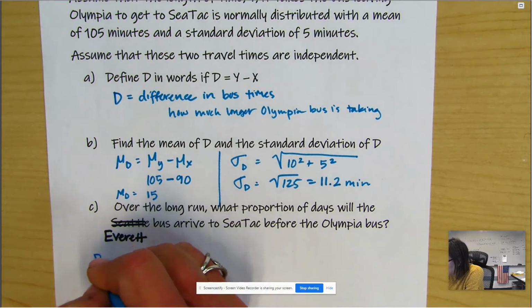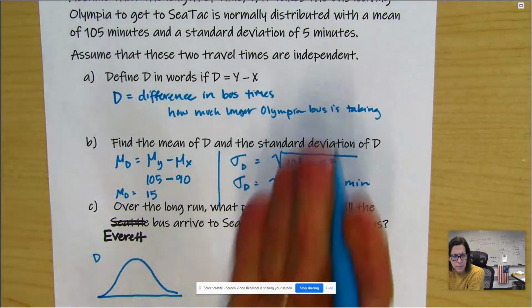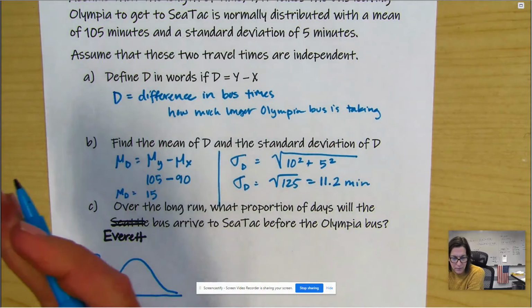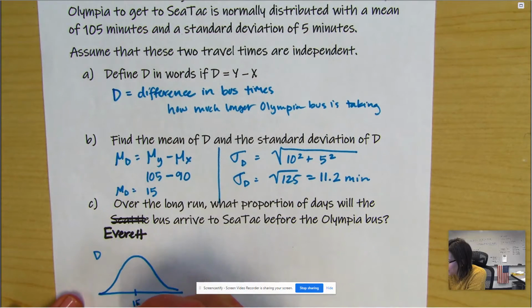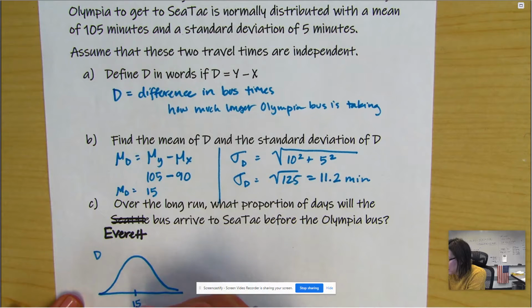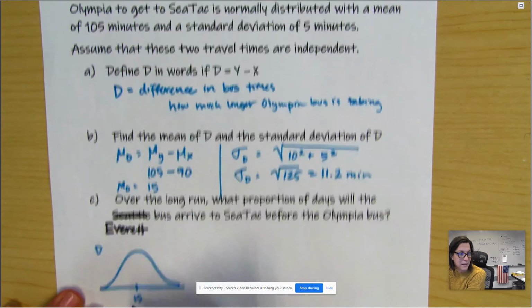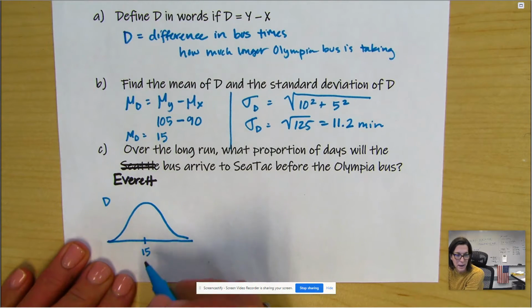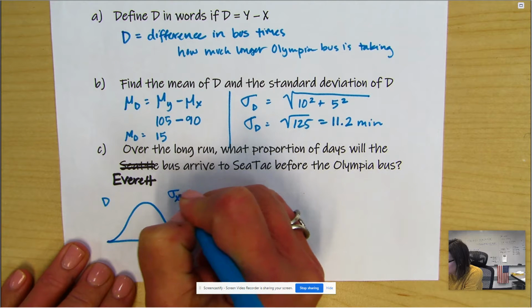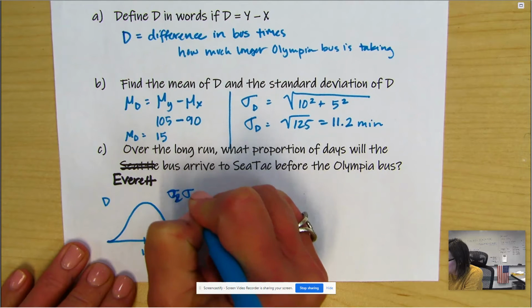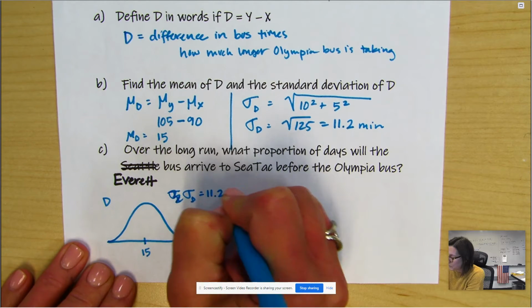Specifically, we took the Olympia bus minus the Everett bus because the Olympia was taking longer. So this number is how many more minutes it's taking the Olympia bus. That's the average. And let's write the standard deviation over here. The standard deviation of D is 11.2, just so we have that.